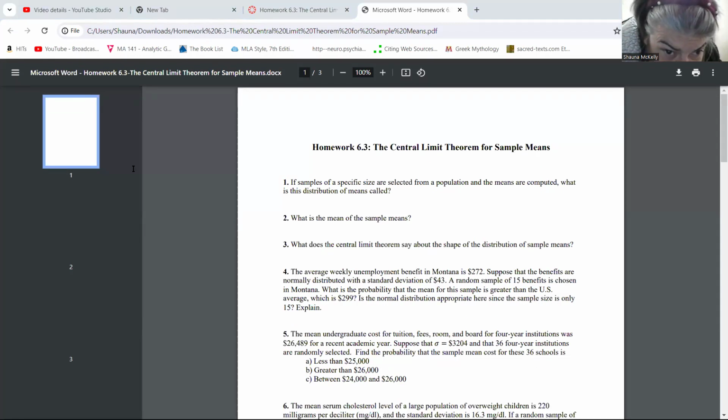So here, the average weekly unemployment benefit in Montana is 272. Suppose that the benefits are normally distributed with a standard deviation of $43. A random sample of 15 households.